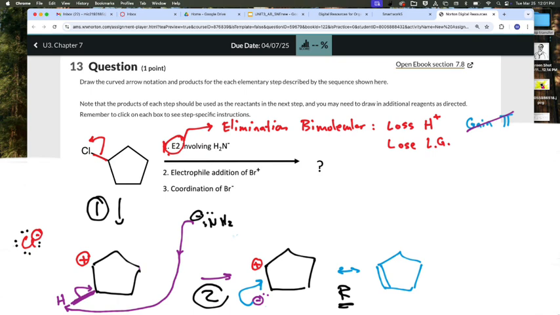Right? Does the leaving group need to leave? Yes, so that arrow is perfectly acceptable. Okay? Does the hydrogen need to be removed? Yes. So I need my base to come in with its electrons here.